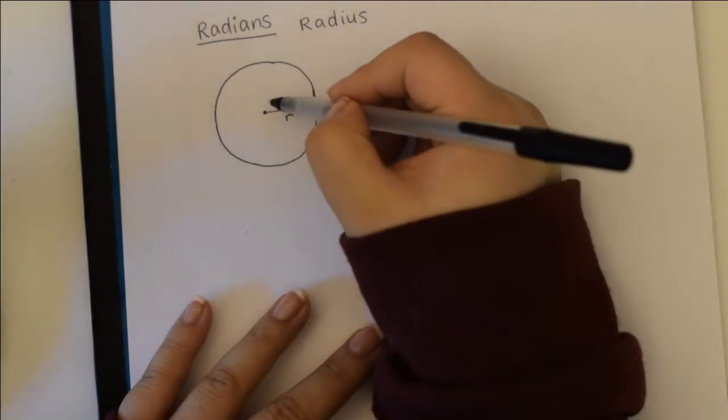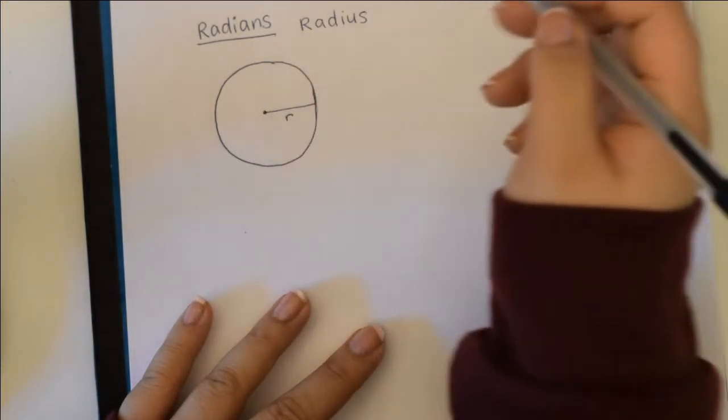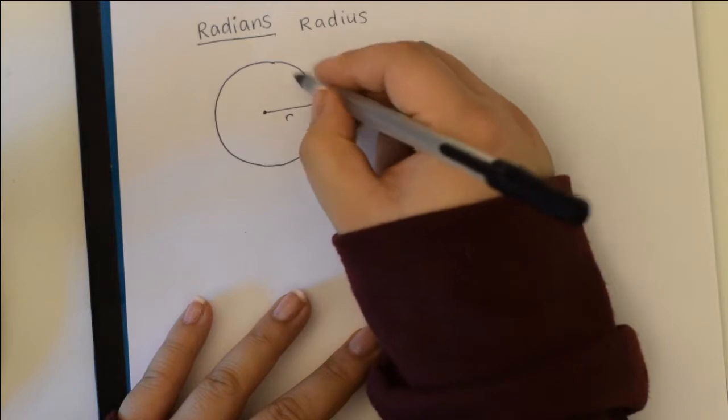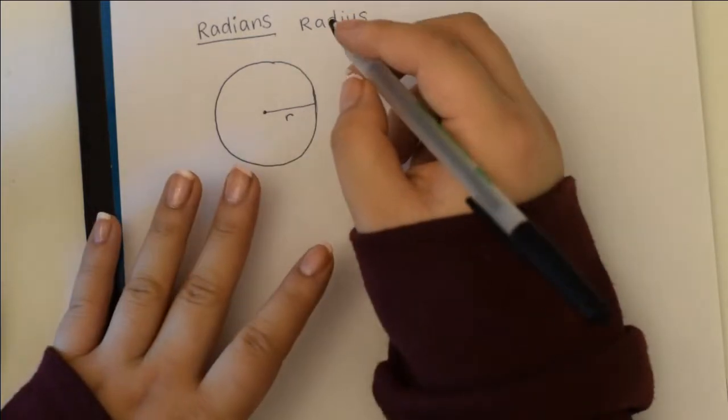So what I'm going to do is, this gets to be kind of like a chicken or egg definition.